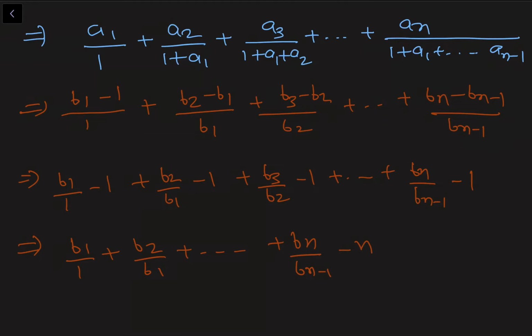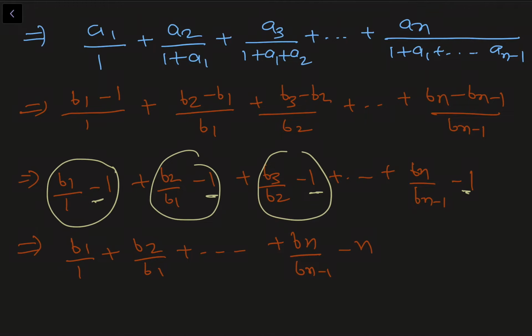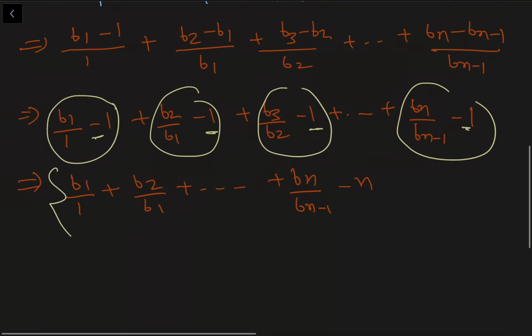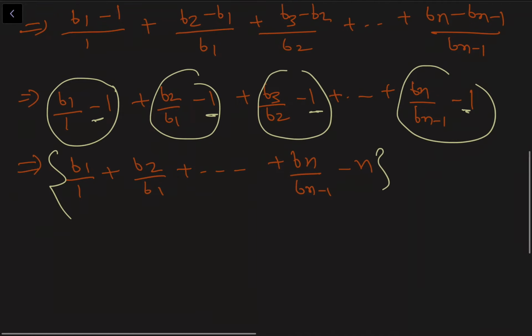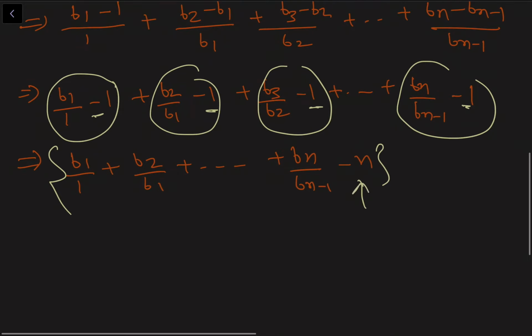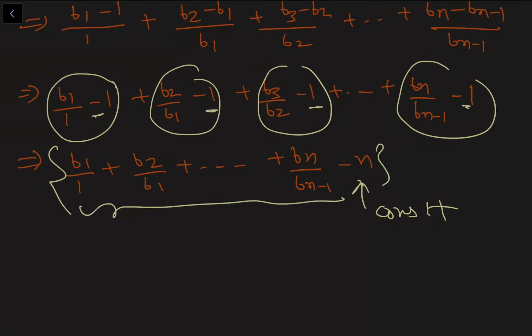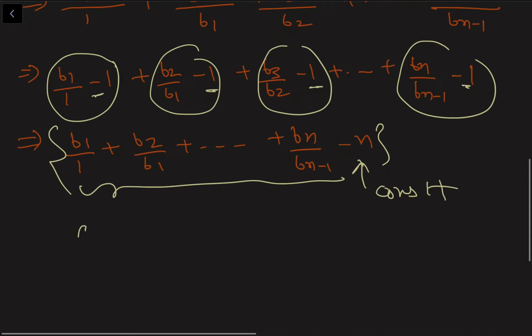See, because this minus 1 is coming n times, because it is present with each term and there are n terms, so I will say it here minus n. Now its minimum value basically I need to find. Now see, this is a constant quantity, so it doesn't have any effect. But if we consider this thing, and it is given that ai is positive, ai is positive means bi will also be positive. I can say that.